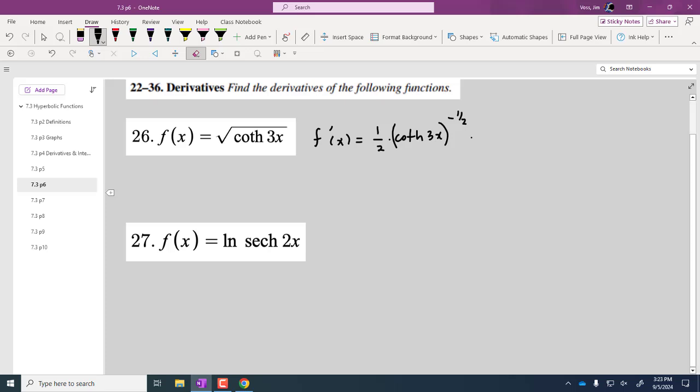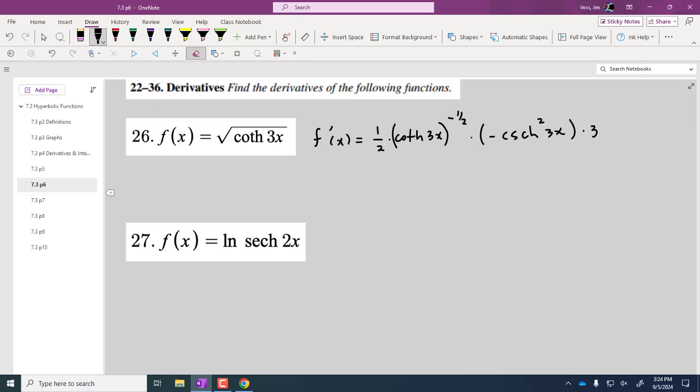Now we have to multiply by the derivative of coth of 3x. Negative cosech squared of 3x, multiplied by 3.